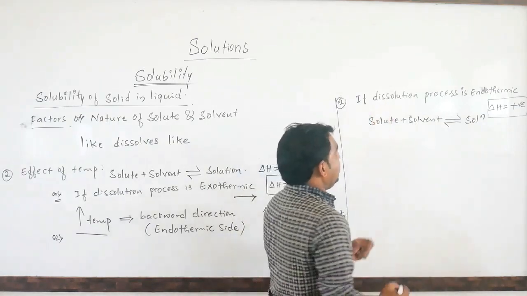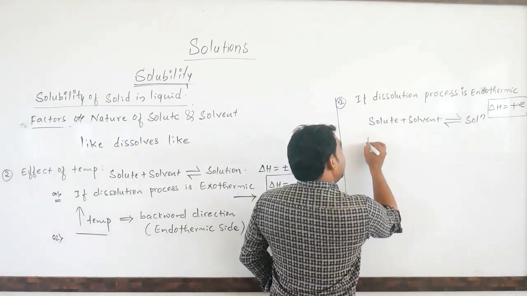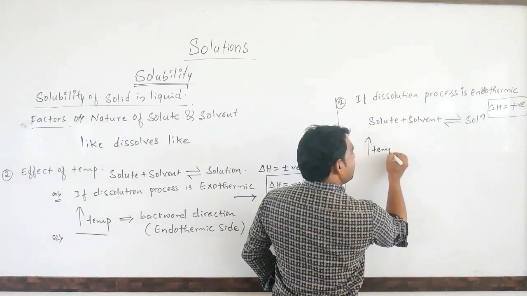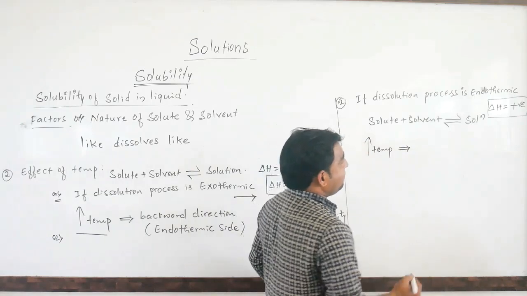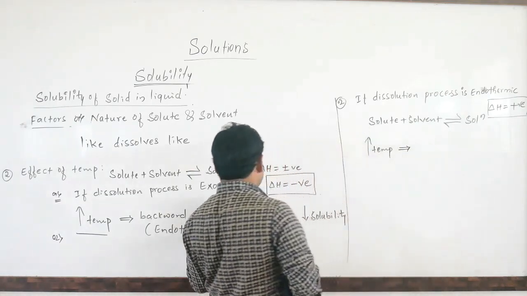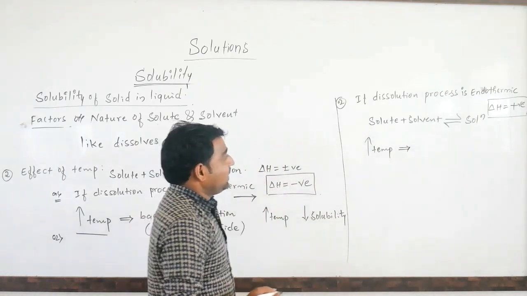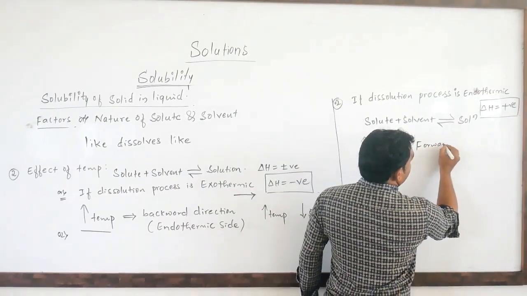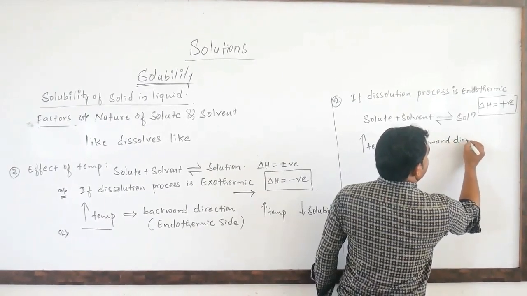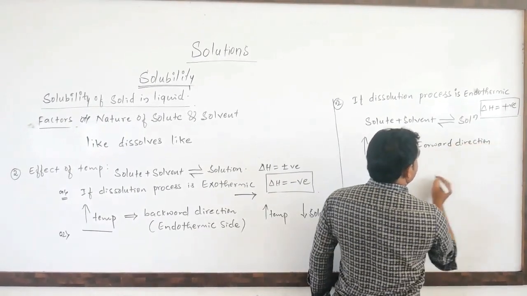When the process is endothermic, by increasing temperature, the reaction favors the endothermic side. The endothermic side is backward, the exothermic side is forward. The reaction favors the forward direction, or towards the what?